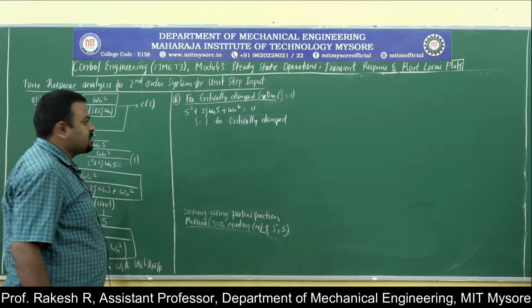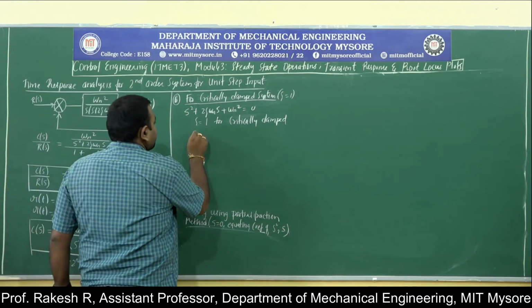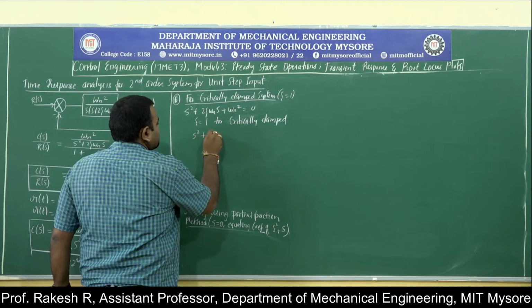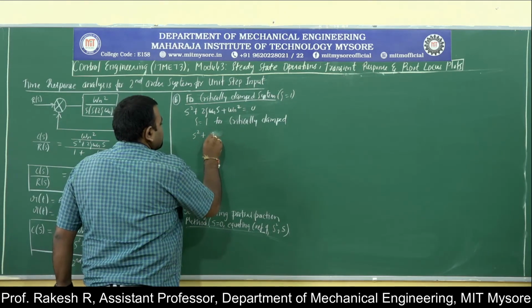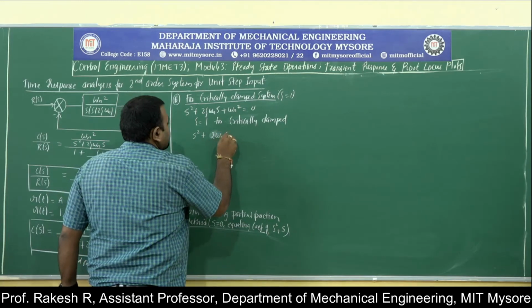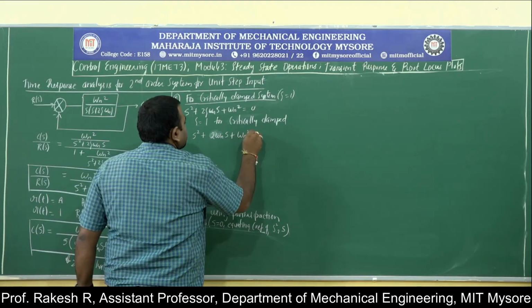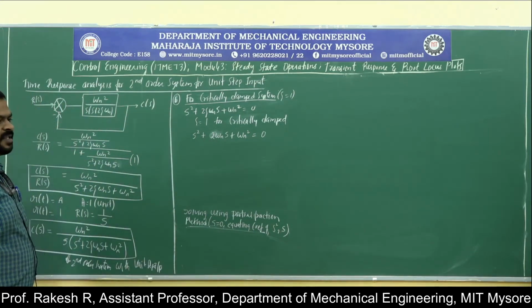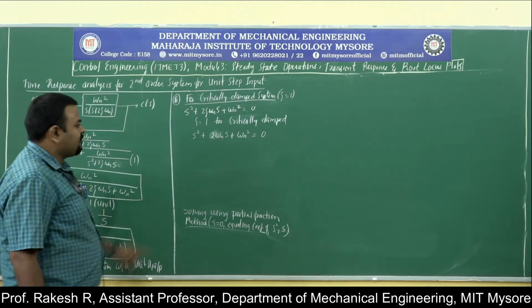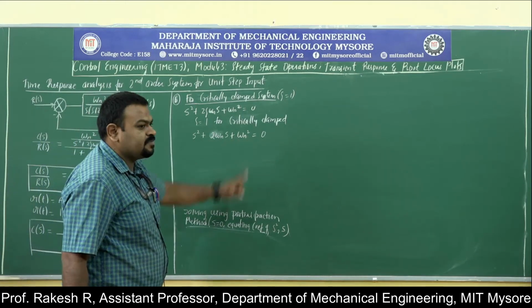then let us see what the expression is. Here the expression will be s square plus 2 omega n s plus omega n square equal to 0. So zeta will be 1, everything will be there here. So this is in the form of a square plus 2ab plus b square.